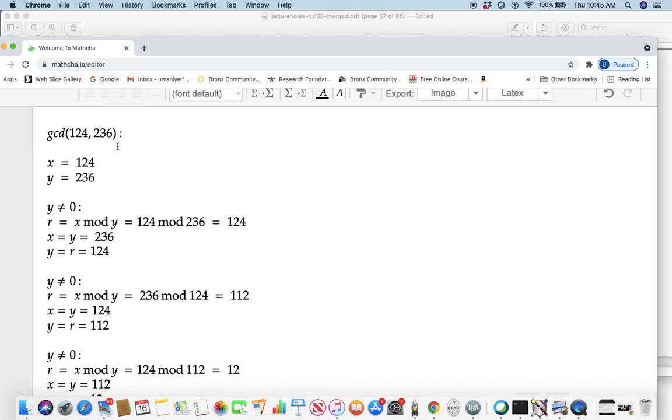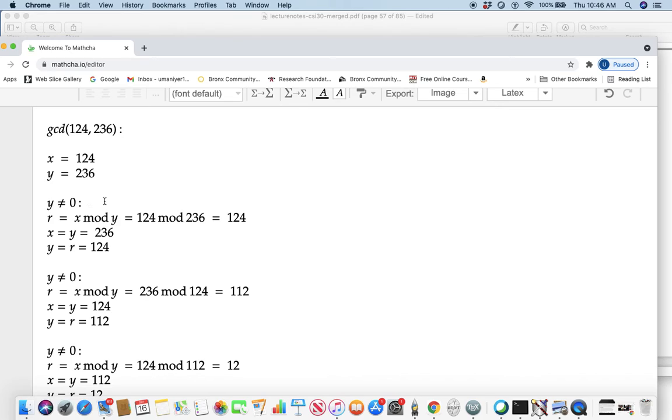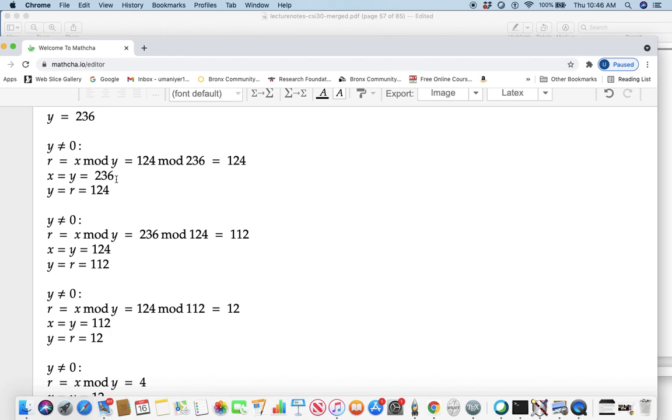Do the same procedure for a larger pair. 124, 236. y is not 0. Divide x by y and let y be the remainder. So from 236, y became 124. x is the previous y. Divide 236 by 124. Find the remainder, that is your new y, and x is your previous y. So look, y has gone down. From 236, it went down to 124, went down to 112.